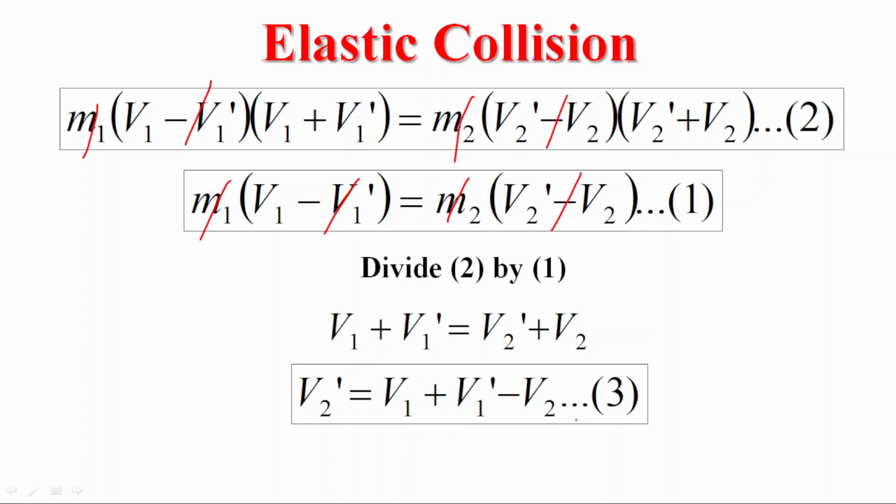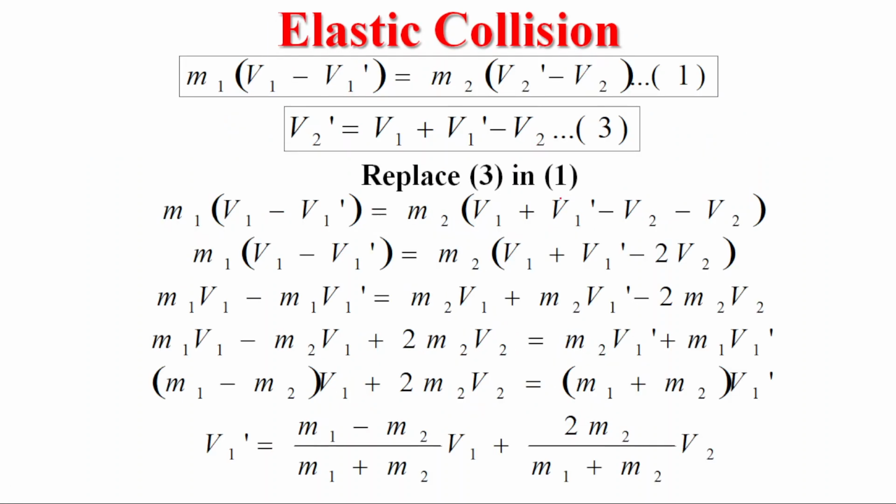Now the final step: we plug equation 3 in equation 1. This is equation 1 that I found and this is equation 3. We replace v2 prime by v1 plus v1 prime minus v2. Now I have one unknown, which is v1 prime.